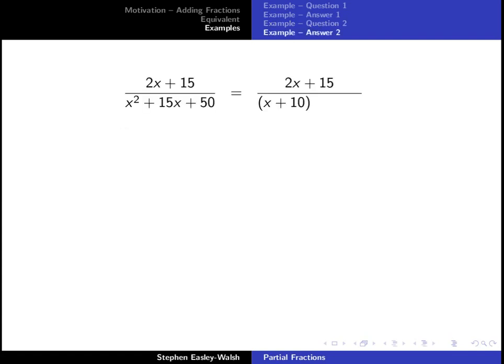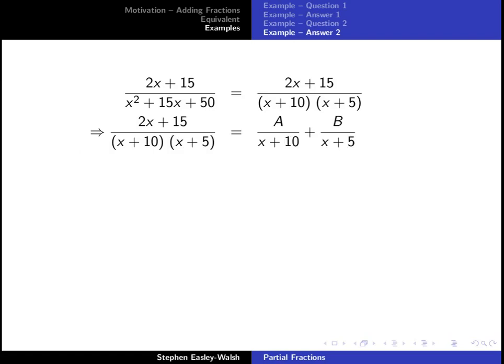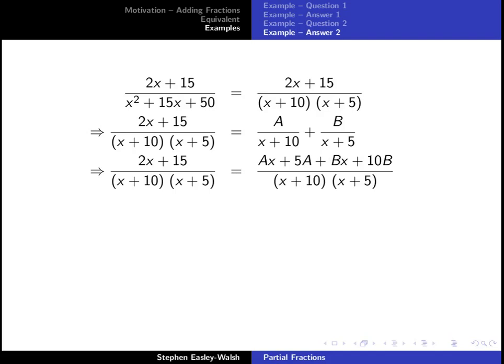Well, the denominator is equal to x plus 10 times x plus 5. And we can see that this can be split into A over x plus 10 plus B over x plus 5. Bringing these back together, on the right we have Ax plus 5A plus Bx plus 10B over x plus 10 times x plus 5.